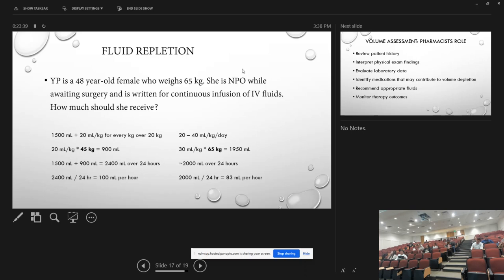Very similar, right? So 2 liters divided by 24 hours is 83 mils per hour. So two calculations that you can use, and they're fairly equal. I would say anywhere from 83 to 100 mils per hour would be totally fine for this lady.